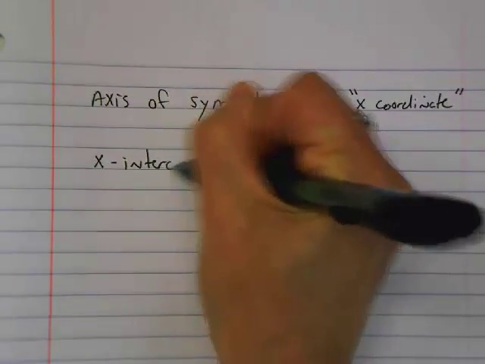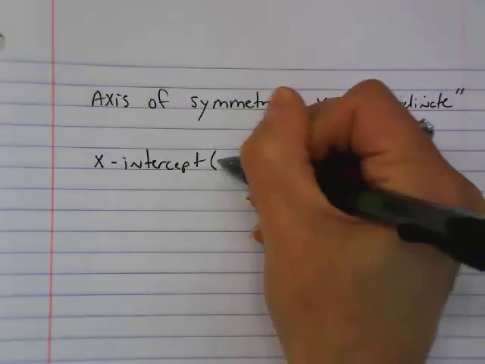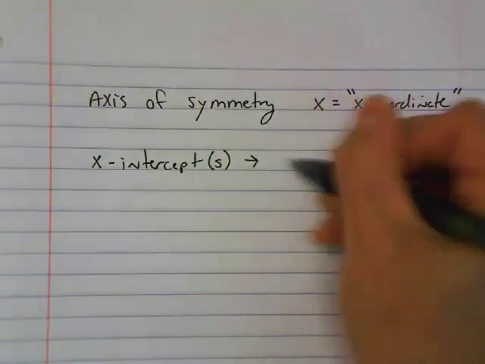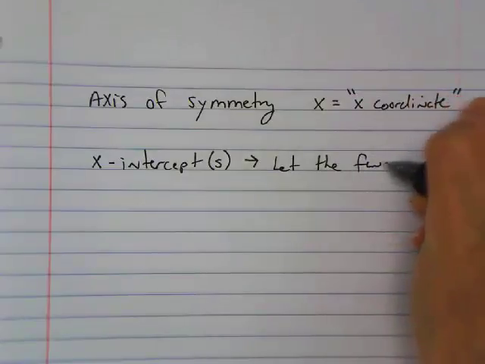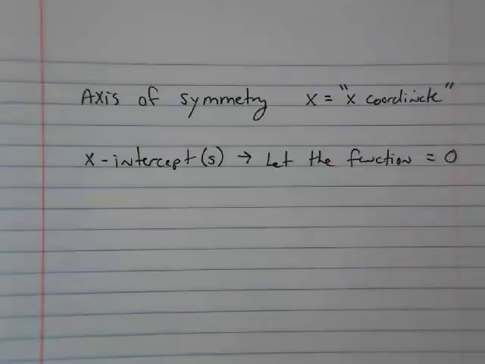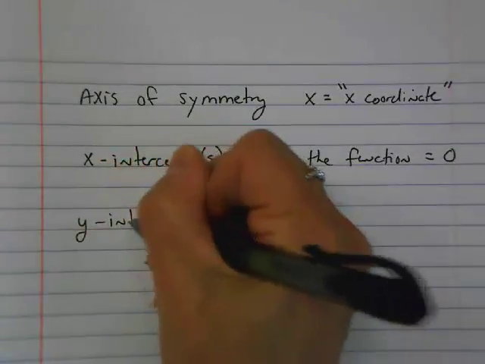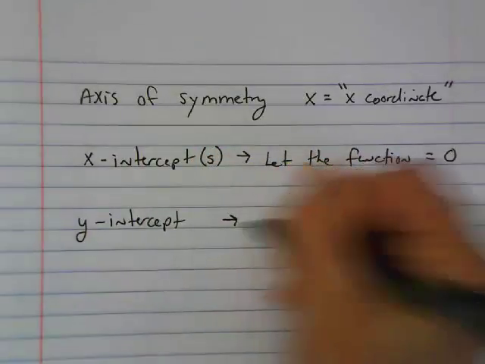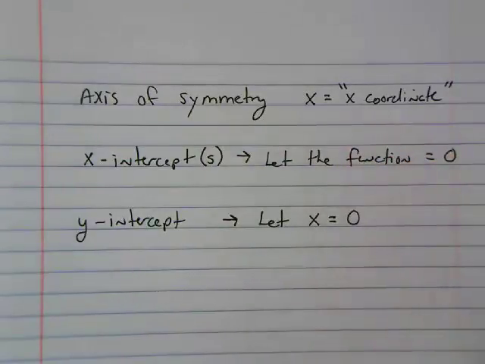The x-intercept, okay, there can be no x-intercepts, there can be one x-intercept, or there can be two x-intercepts, is when you're going to let the function equal 0. The y-intercept, you let x equal 0.